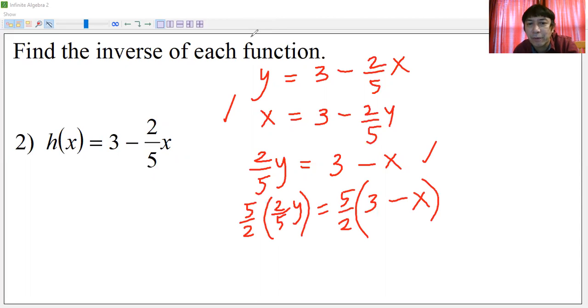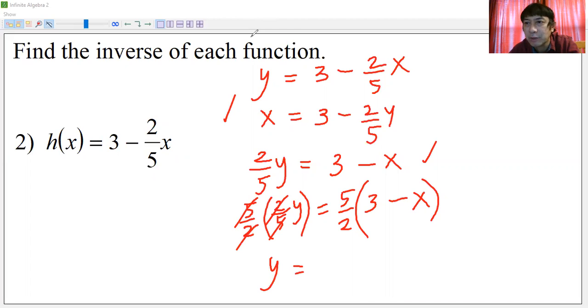And so we multiply both sides by 5 over 2, and that's the reciprocal of 2 over 5. So if we multiply 5 over 2 by 2 over 5, that's 1. And so the left side will just be y, and we have the right side 5 halves times the quantity 3 minus x.